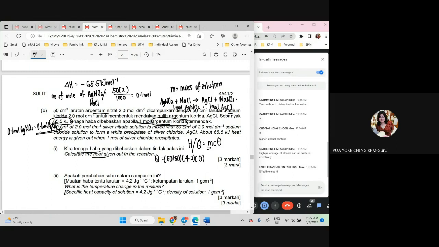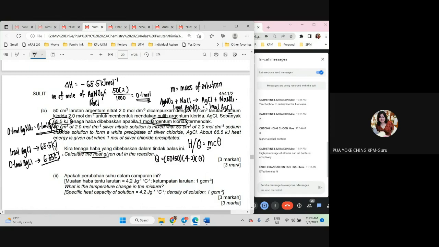So then only you get the mole of AgCl. Sampai sini tak dapat markah lagi. Kena sampai bawah ni. Ratio. Then 1 mole AgCl produce 65.5 kJ. So 0.1 mole AgCl, I will get 6.55 kJ.